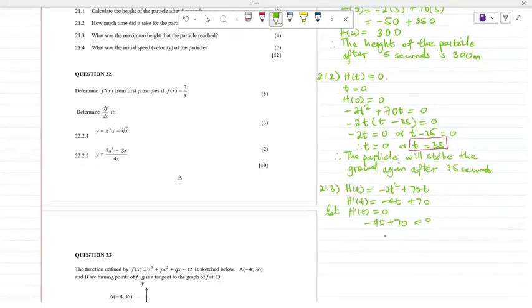Therefore, t equals 70 divided by 4, and that gives us 35 divided by 2.